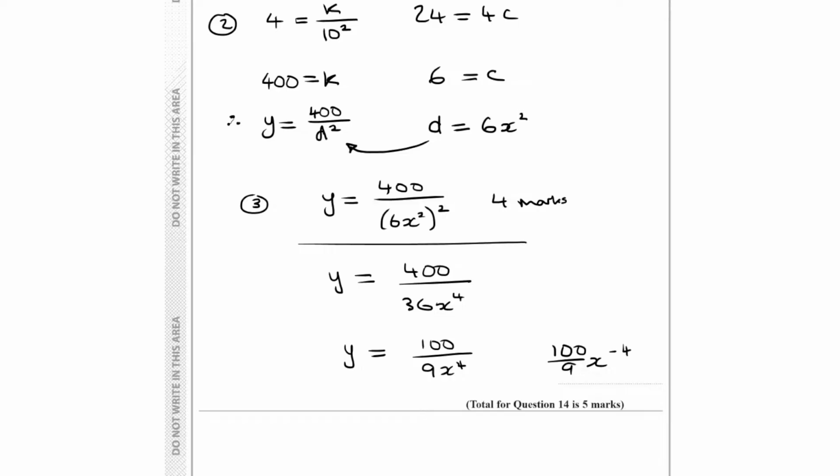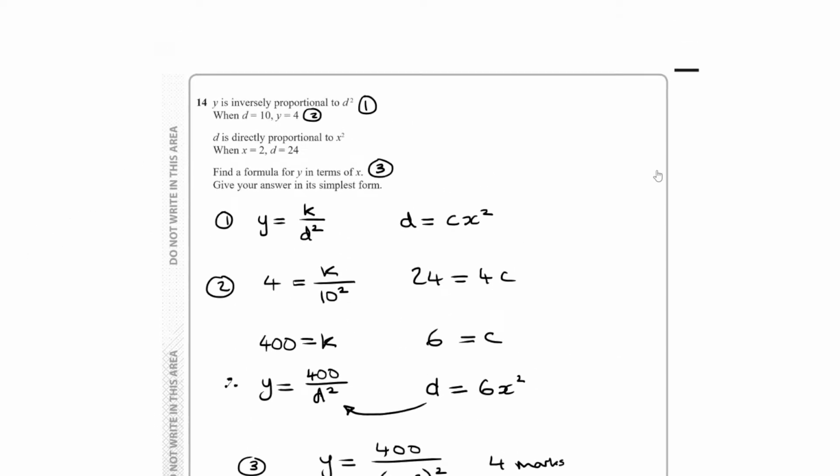I'm just having a look. Actually, let me just go back up. So the marks are these. Let me get my pen out. They said 1 mark for setting up a correct proportional relationship. So for example, that could be 1 mark. They've then given the 2nd mark for setting up a second proportional relationship. So I guess that's 2 marks. The 3rd mark is for a process to find one of the constants.